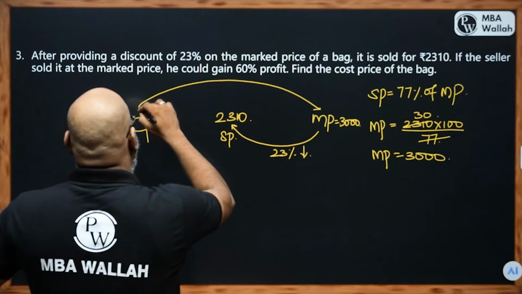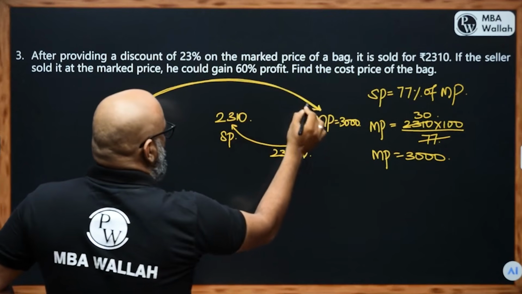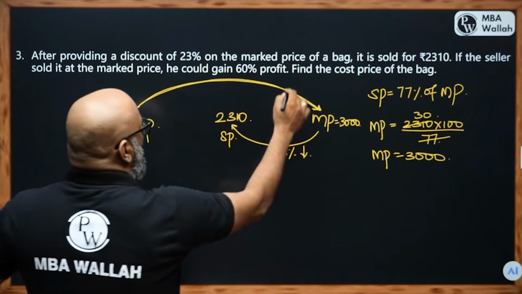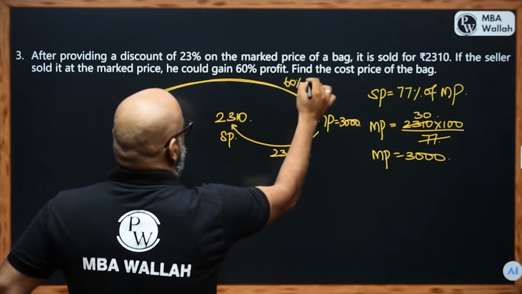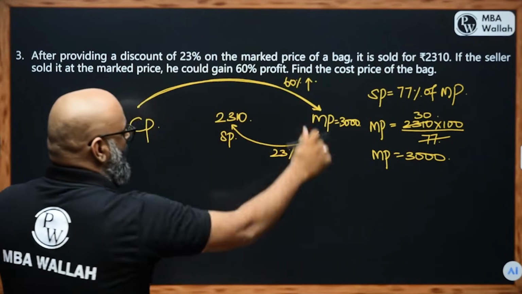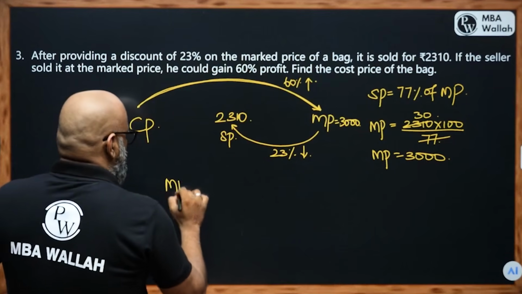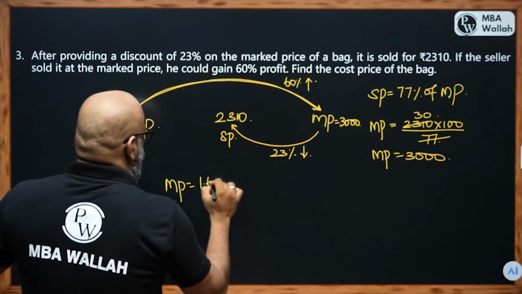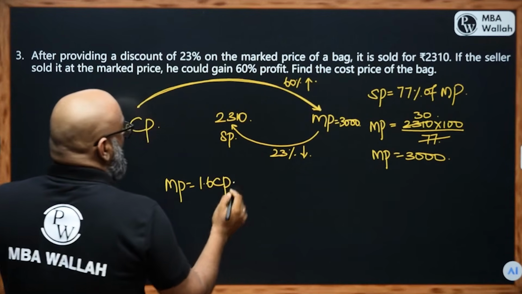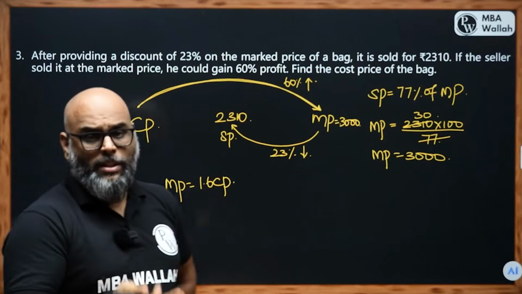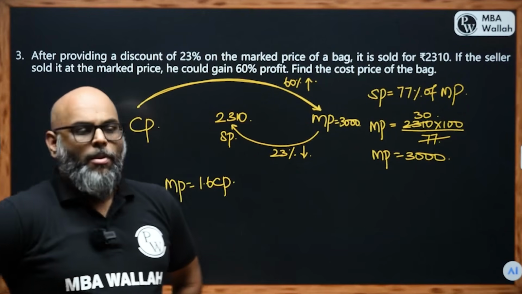That means it is a 60% increase from here. Now we can say my marked price is equal to 1.6 times my cost price. 60% more is 160% of the value.